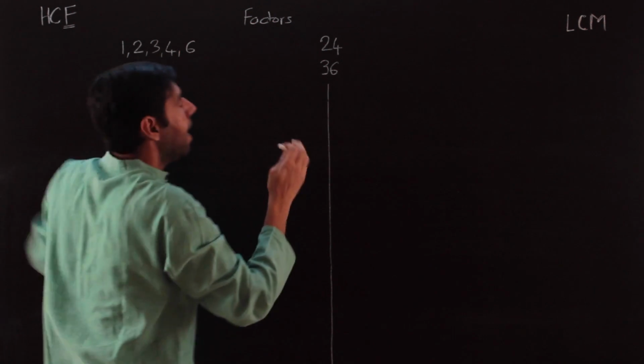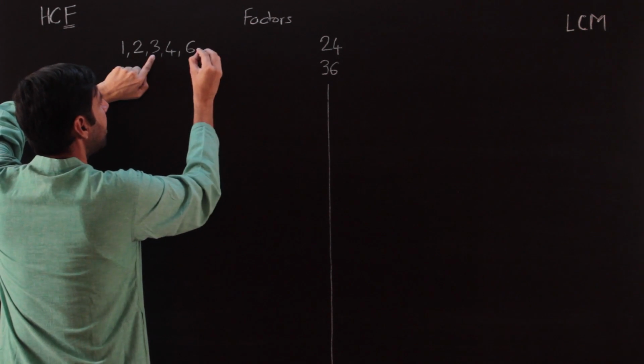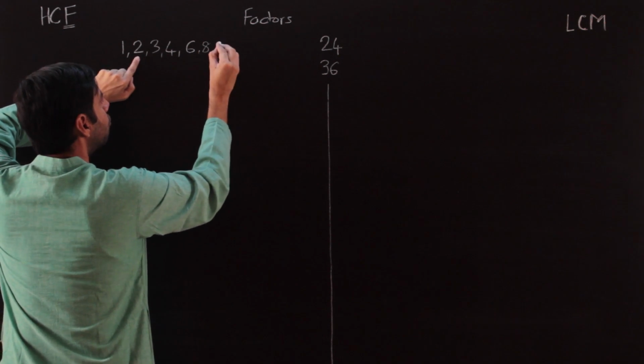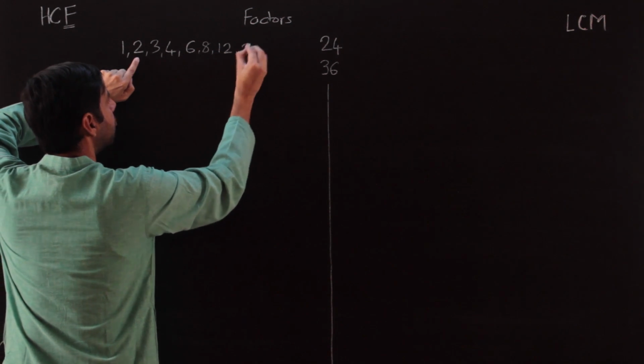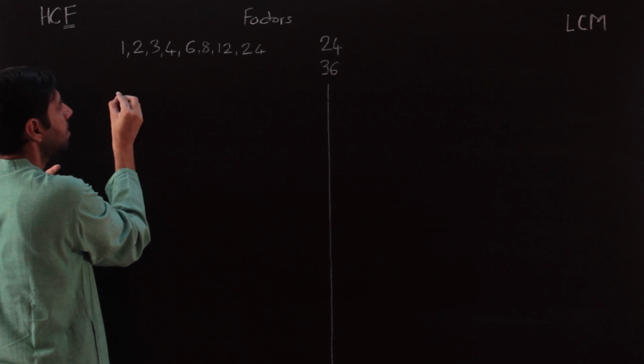Now we know that factors exist in pairs. 6 4s are 24, 3 8s are 24, 2 12s are 24, and 1 24. So these are factors. Let me again write down: what are factors?